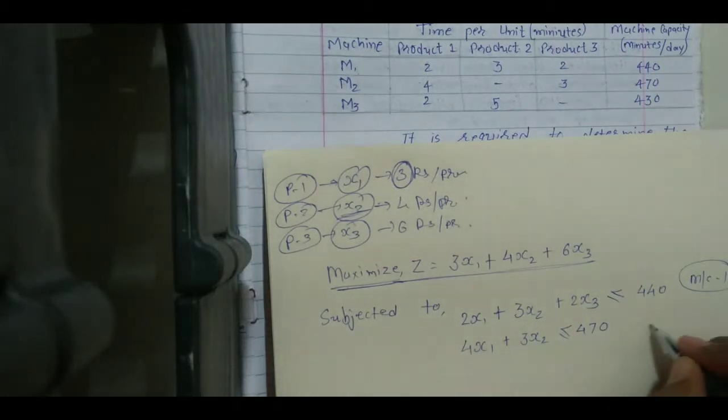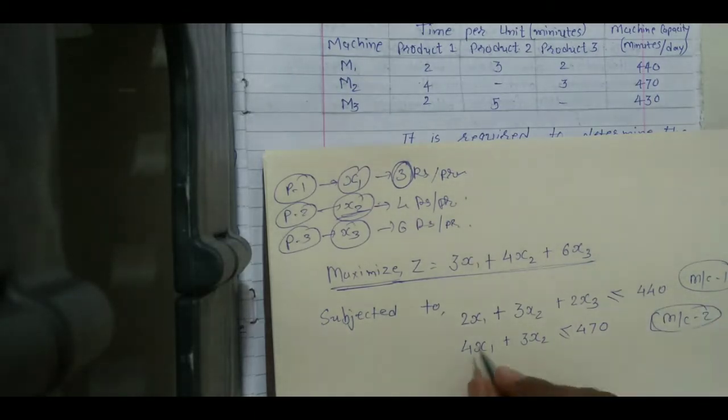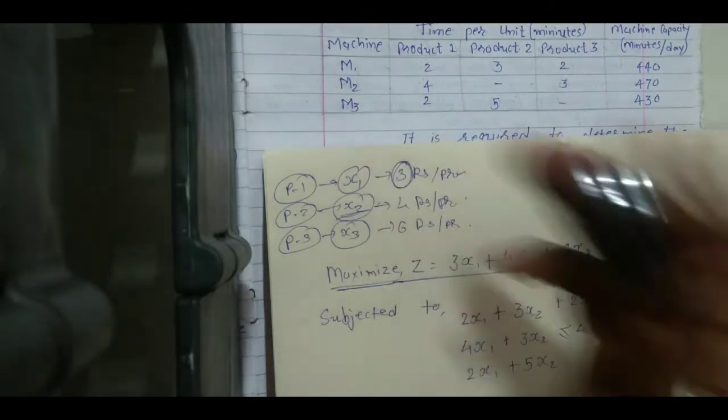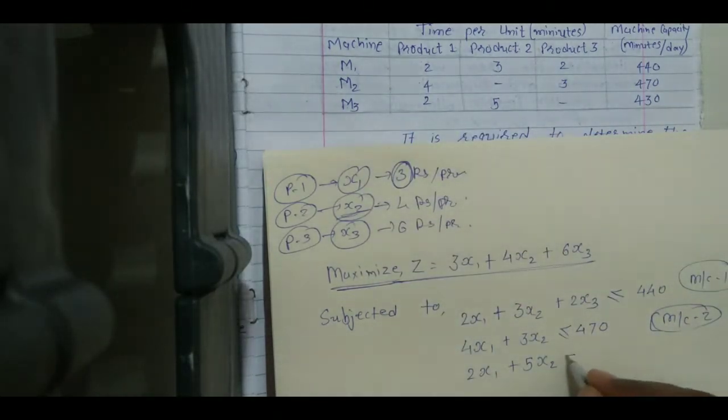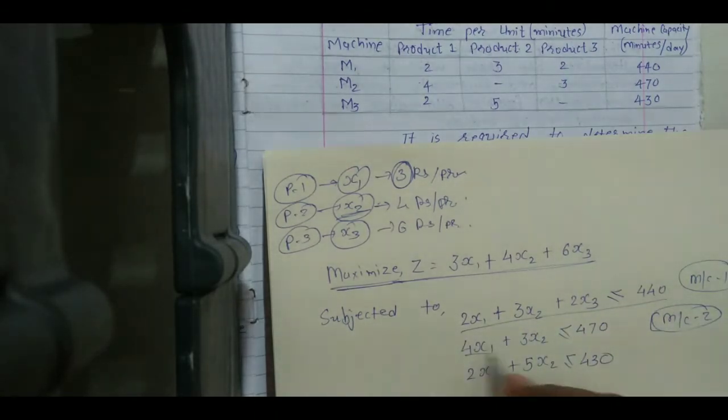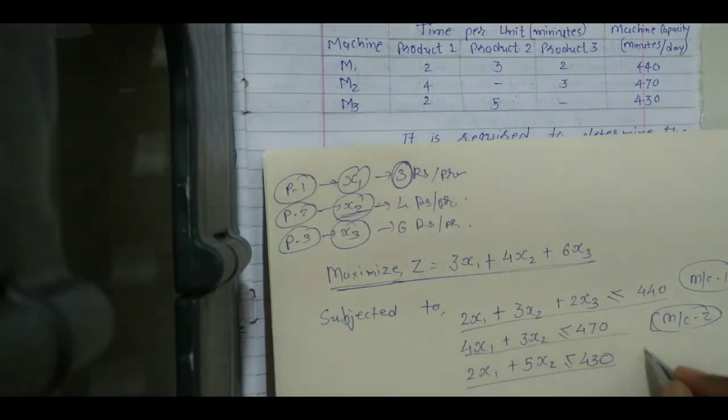And for machine 3, 2x1 plus 5x2, and product 3 does not work on machine 3, so it is less than or equal to 430. So here is constraint number 1, here is constraint number 2, and here is constraint number 3.